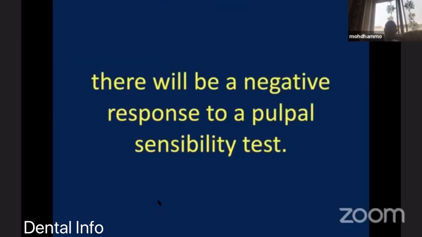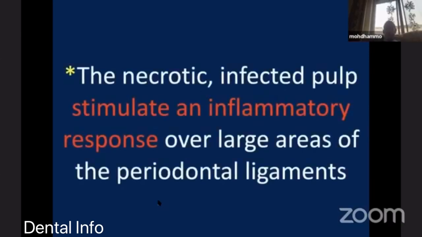Of course, when we have avulsion and replantation, the response to the vitality test is negative. Now the pulp is necrotic, and the necrotic infected pulp will stimulate an inflammatory response over a large area of the periodontal ligament.